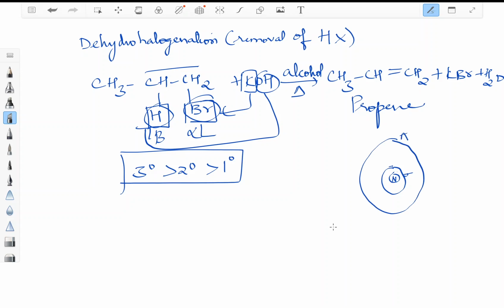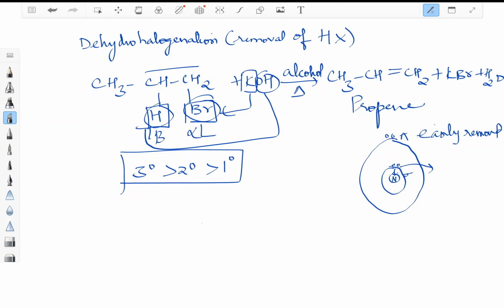Due to more attraction of sigma electrons towards the nucleus, they are difficult to remove easily for the reaction. But because pi electrons are farther from the nucleus of carbon, they are less firmly bonded, and that is why they are easily removed, which helps in participation in the reaction.